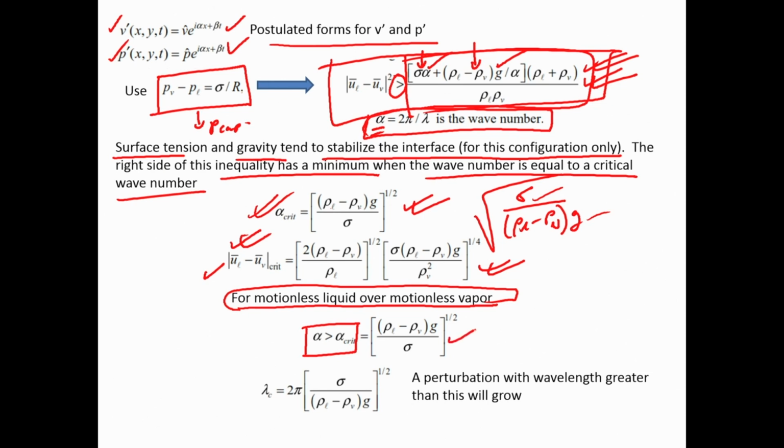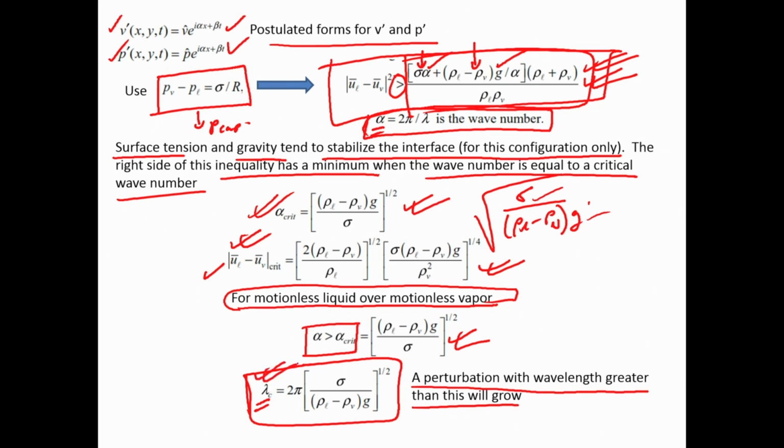Lambda c, the critical wavelength, is given by this particular length scale, and a perturbation which has a wavelength greater than lambda c will actually grow. That means, when you have a motionless liquid sitting over a motionless vapor, if you perturb it with a wavelength greater than this critical wavelength, it will grow.